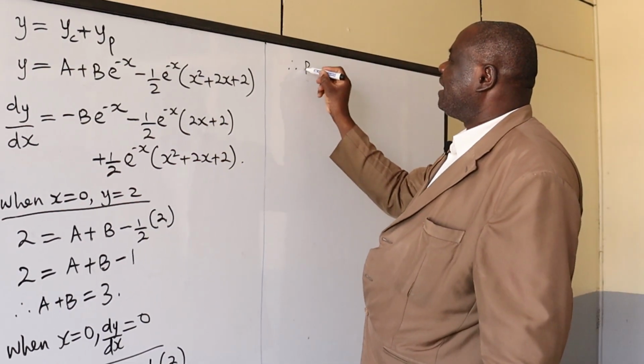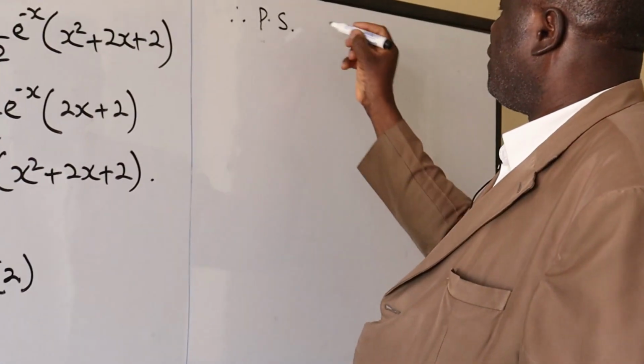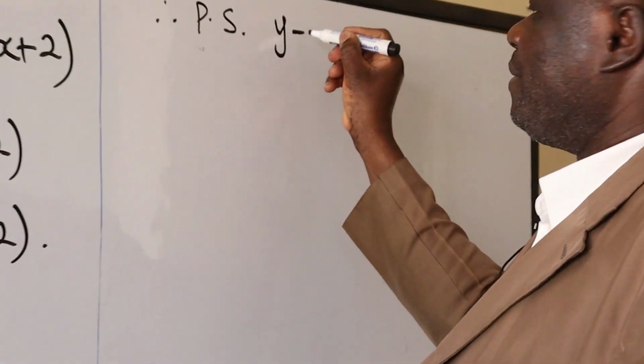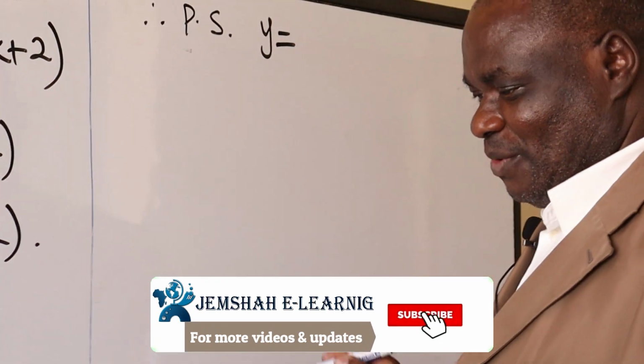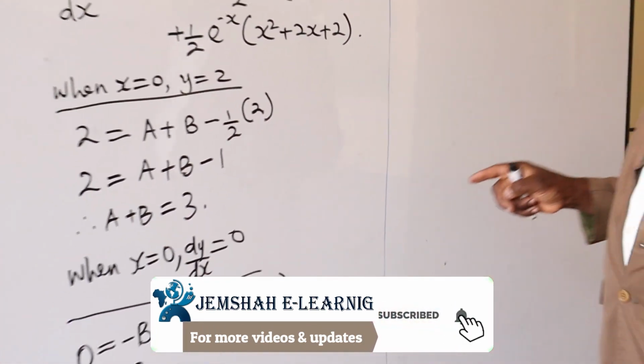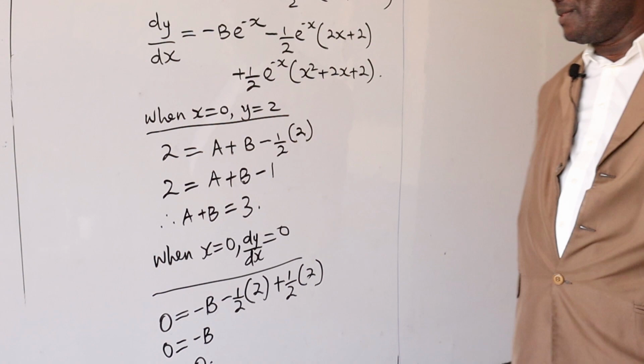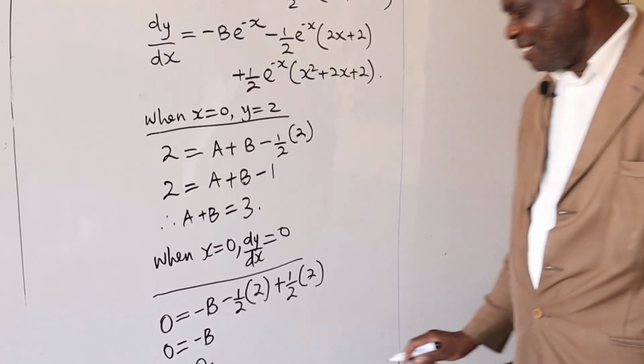Therefore, particular solution, y will be equal to now, b is equal to 0, and if b is 0, our a is equal to 3.